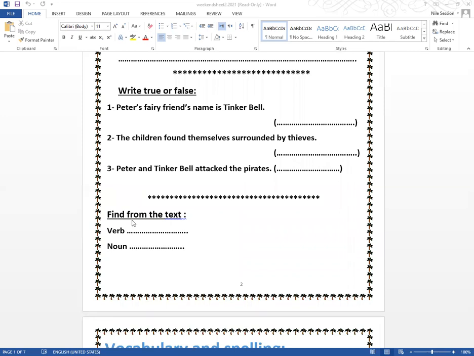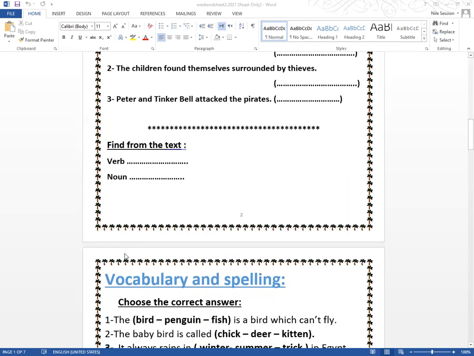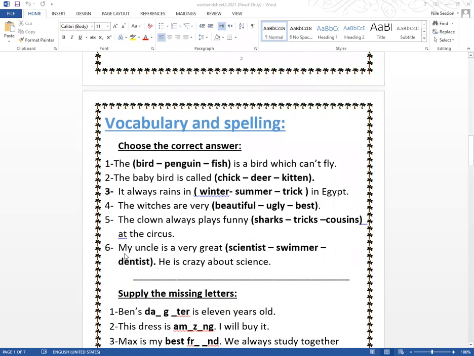Any action we do, like took, play, come, fell, all of these are verbs. But noun, we said noun is the name of person, place, thing, animal, like children, home, captain, ship, all of these are nouns. Okay, let's move to vocabulary and spelling.